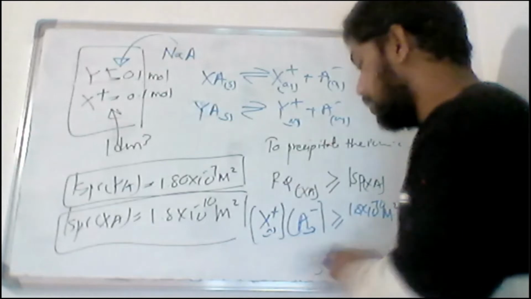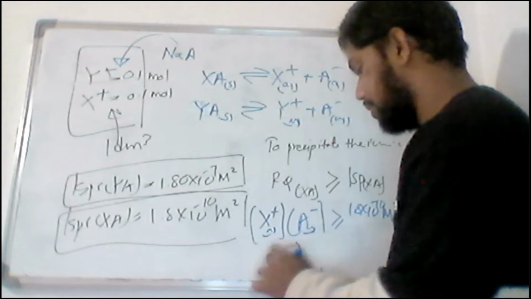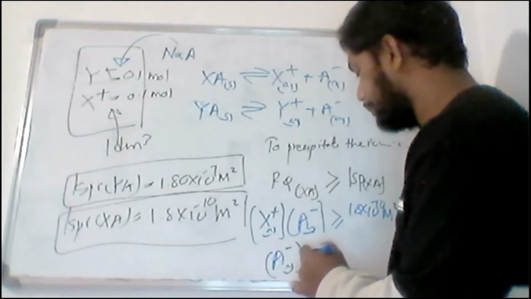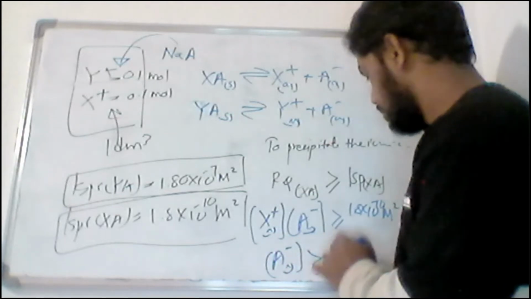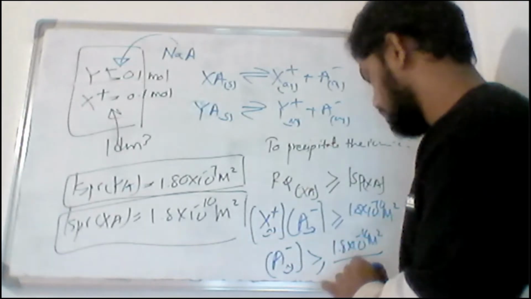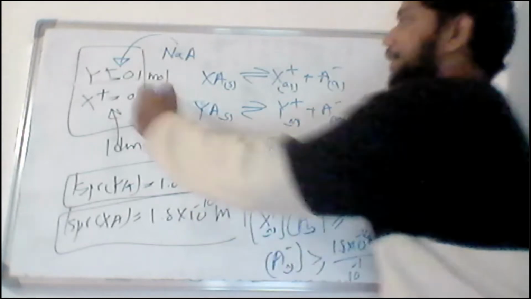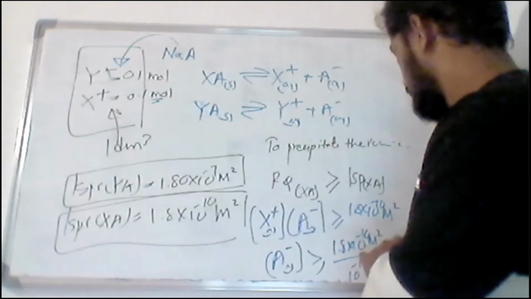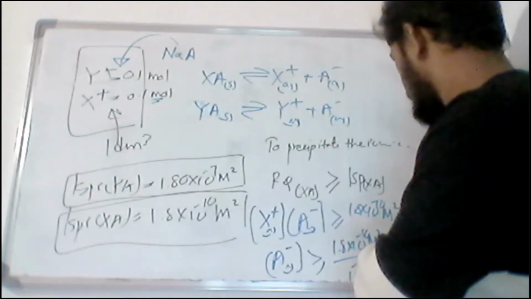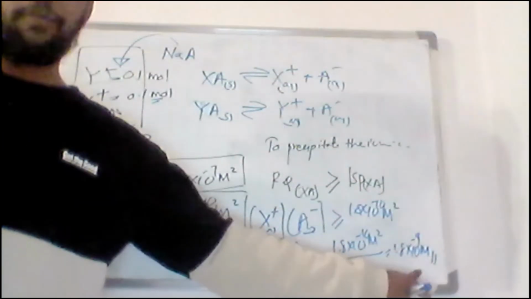Because when you do this calculation, A minus concentration should be 1.8 into 10 to the power minus 9 M cubed over 10 to the power minus 1, because the X plus concentration is 0.1. So you can calculate according to this. A minus needed is 1.8 into 10 to the power minus 9.